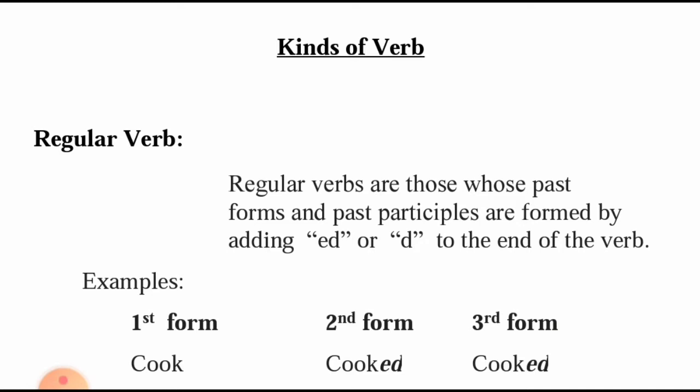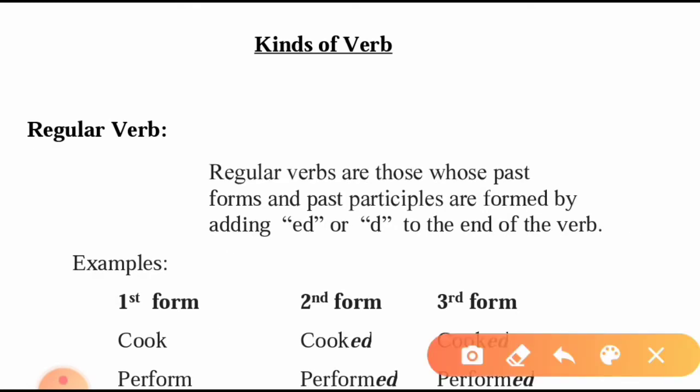So the first kind is regular verbs. You can see the definition here. Regular verbs are those whose past forms and past participles are made with ed or d. As we know, usually there are four forms of verb. It could be present form, past form, past participle, and present participle.